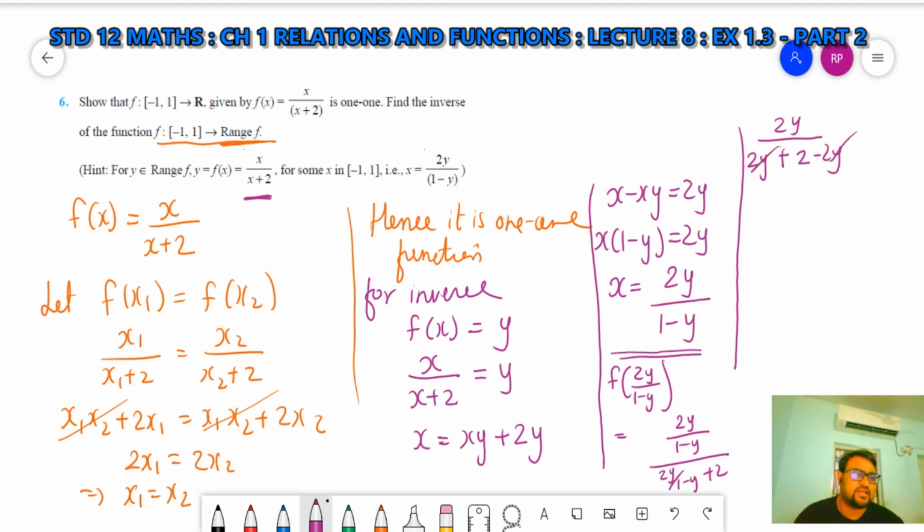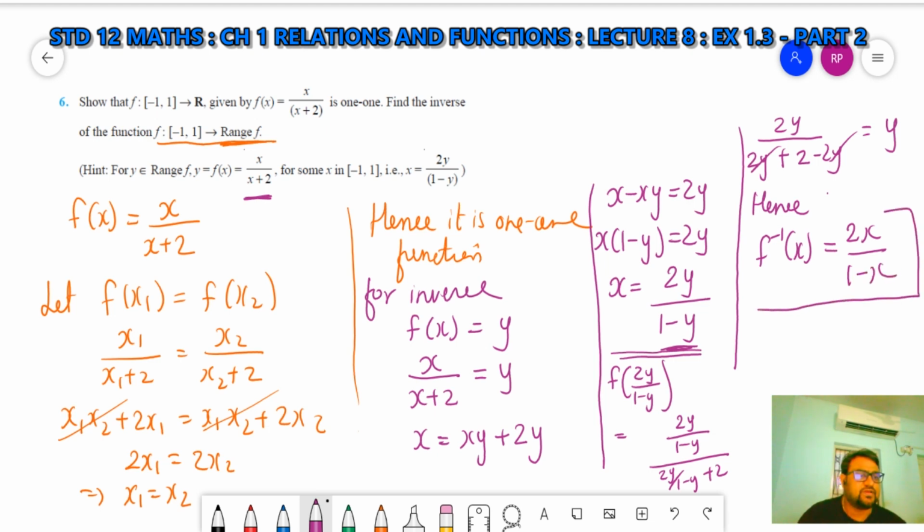So 2y/2 is equal to y. Hence this is the inverse. Instead of y, I will put x: f inverse(x) = x/(1 - x). Clear?